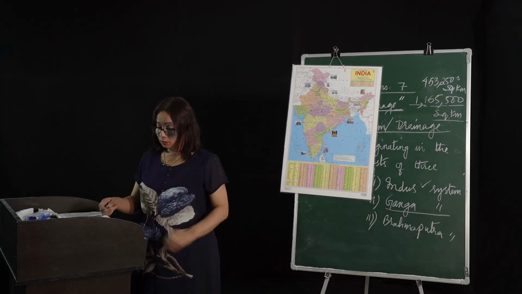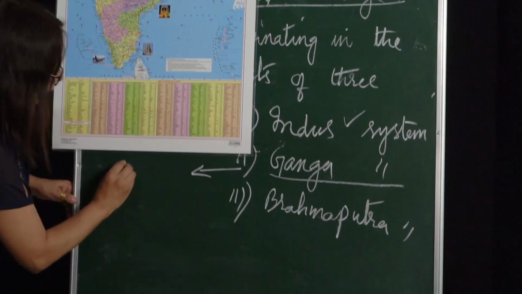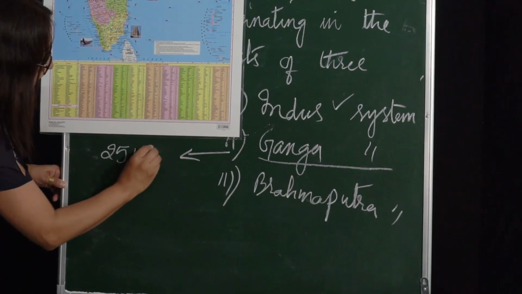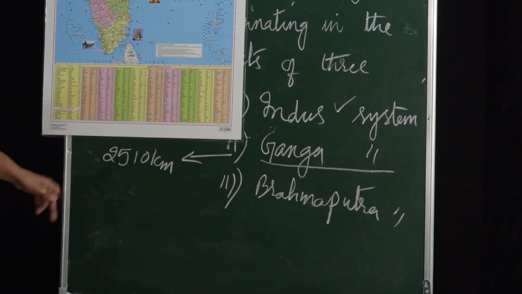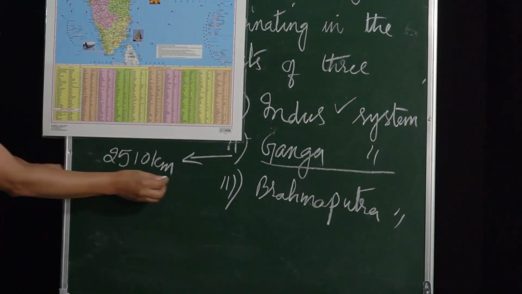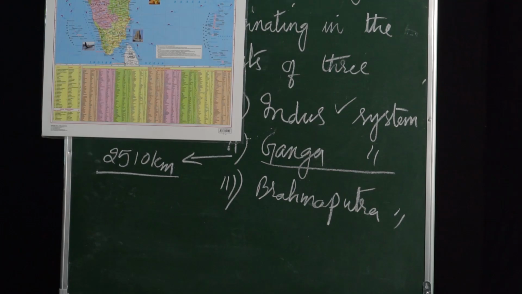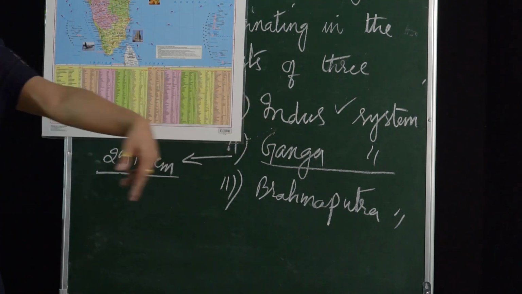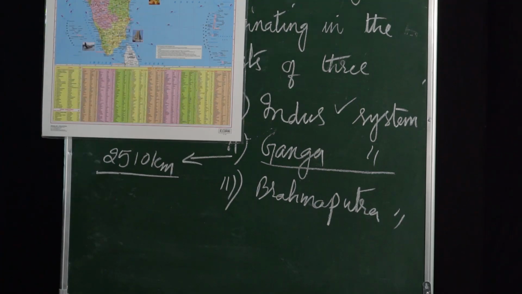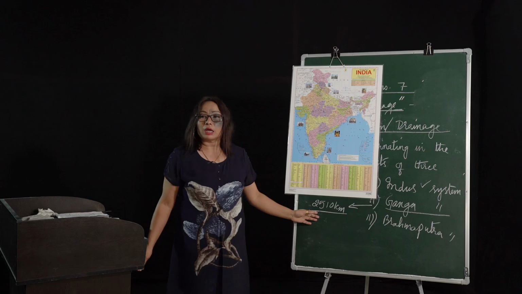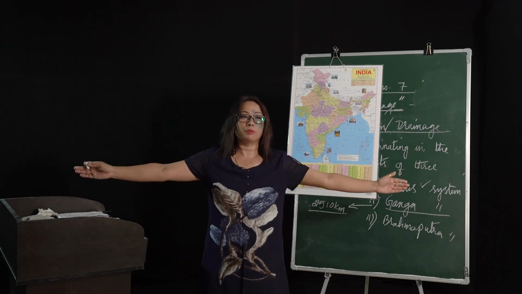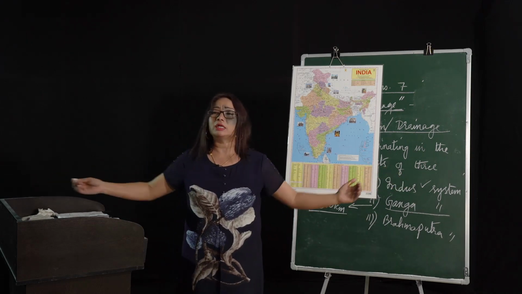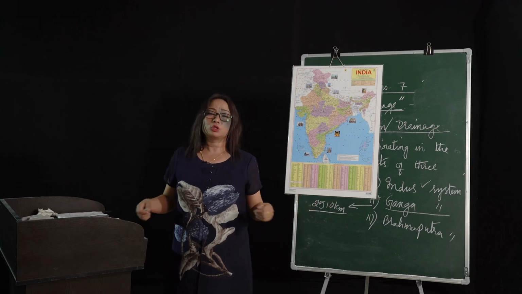The next one, we come to the Ganga river system. The length of the Ganga is 2,510 kilometers. It is just opposite to the Indus. The Indus is a very long river, 2,900 kilometers. Opposite to that, the Ganga is bigger in breadth, not length. It is a wide and sluggish river. Sluggish means slow moving.